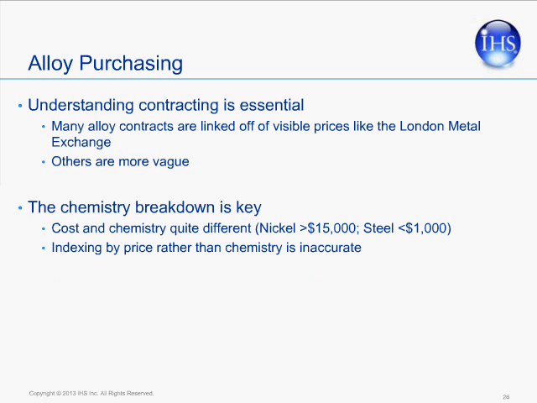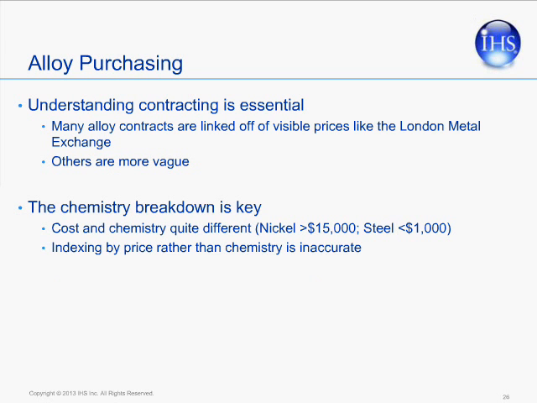But also the specific chemistry breakdown. If you create a cost-based look rather than a chemistry-based look, you can get very different results. If you break down your total material by each material's contribution to cost rather than each material's contribution to chemistry, you can get a different picture.